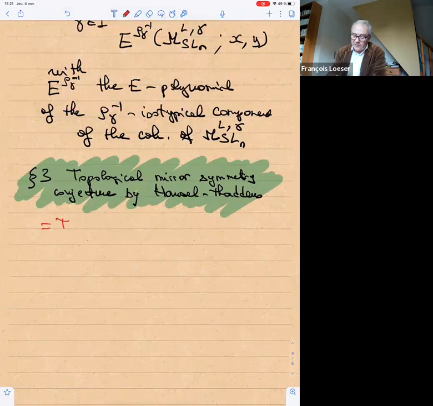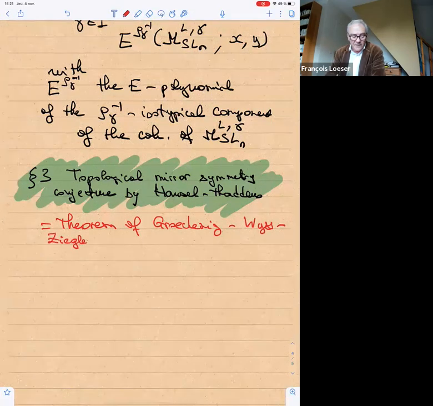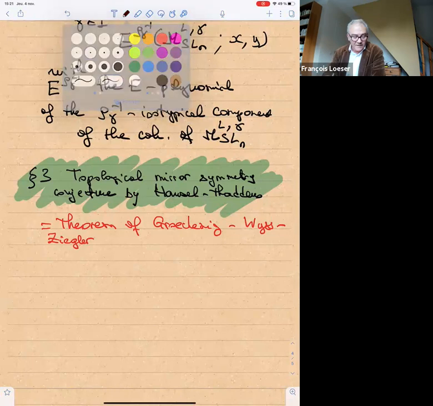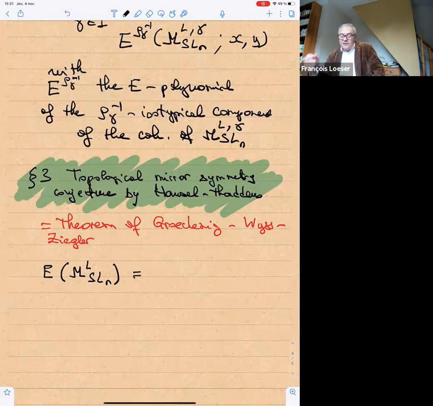So it's now a theorem by Groechenig, Wyss, and Ziegler. And it states the following. It relates the E polynomial of the moduli space of SL N Higgs bundles. So it's a standard E polynomial because M is just a smooth variety.